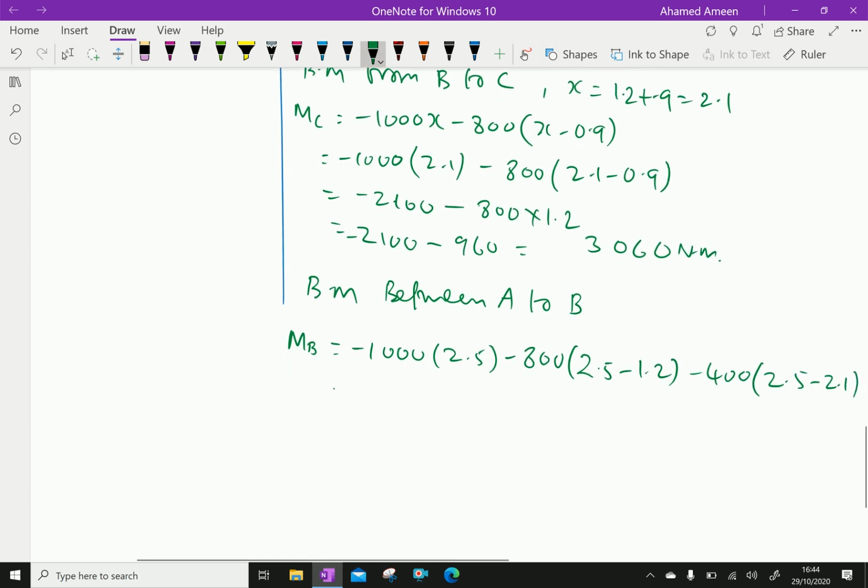So we have minus 1000 into 2.5, which is minus 2500, minus 1040, since 2.5 minus 1.2 is 1.3 and 1.3 into 800 is 1040, and next 400 into (2.5 minus 2.1) is minus 160. So which is equal to minus 3700 Newton meter.